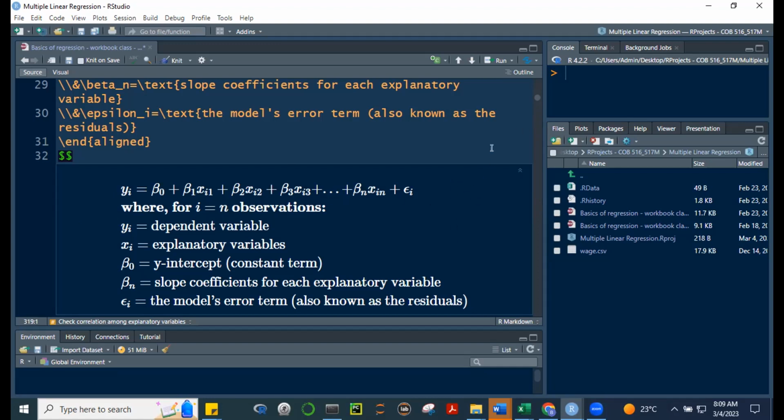The method that's used, as I mentioned last time, is ordinary least squares. Least, ibig sabihin, yung pinakamaliit, the smallest residuals squared. So you compare whatever value you're getting from your model with your actual value, the y sub i.